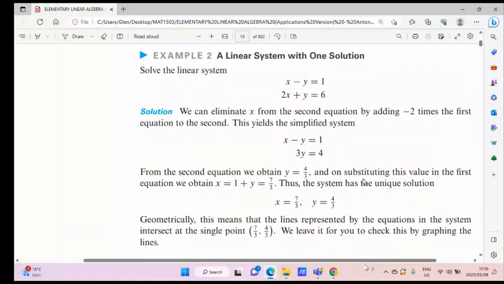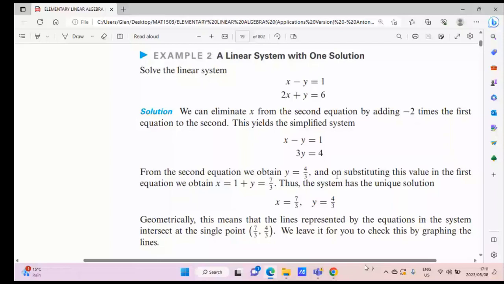Then, by doing that, we'll only get one solution. In this case, y is equal to 4/3. When we take that value of y and substitute it in the first row, we'll get our x value to be 7/3.